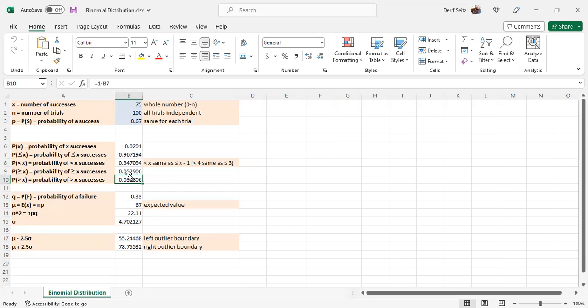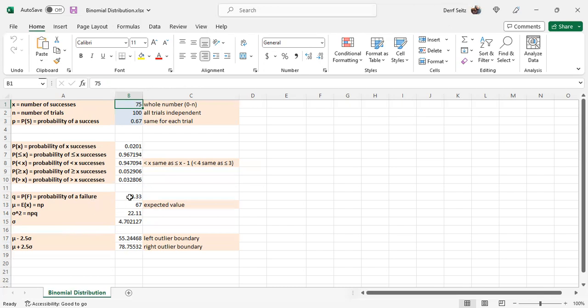These are all the possibilities of interest that you will be having to determine probabilities for. You just need to interpret your problem, see which one of these you're looking for, and put the appropriate value of x up here in this first blue cell.